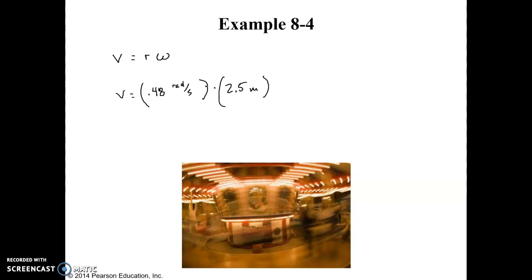And here is where I wanted to point out, looking closely at the units. This is going to end up being a linear velocity in meters per second. So you might be wondering, where did the radians go? Radians are kind of an odd unit. We sometimes write it out so that we just have a placeholder there. But radians are really just a ratio of circumference and distance, so they're really kind of unitless.